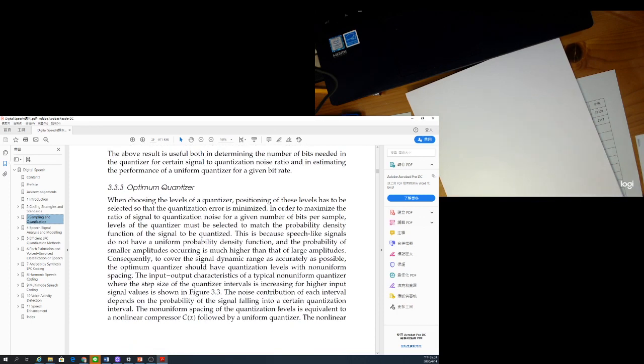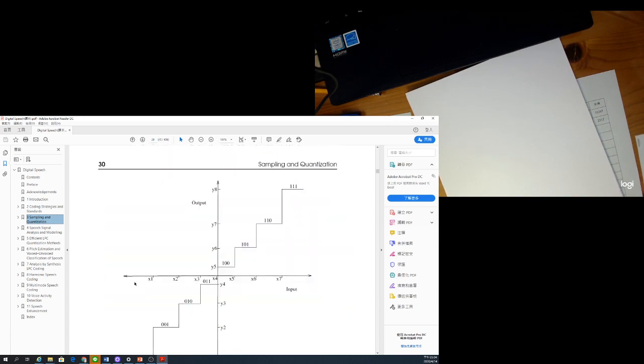Another one: we sometimes try to make sure we have a good quantizer. We already talked about this. If we know the probability density function of the input signal, we can design a good optimal quantizer by partitioning the probability density function into many regions where the integration areas are equal. In each region, we take the centroid.